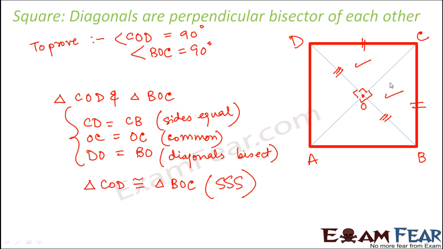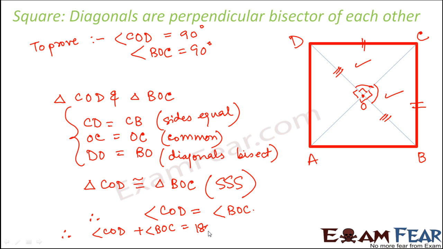Now since these two triangles are congruent, therefore we can say that angle COD will be equal to angle BOC. So we have proved that this angle is equal to this angle. But at the same time, we can see that these two angles together form a straight line. That means angle COD plus angle BOC is equal to 180 degrees.